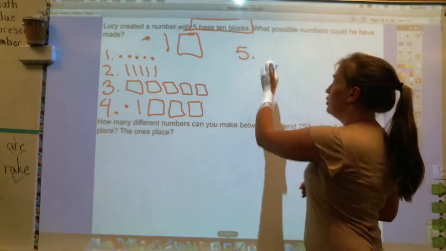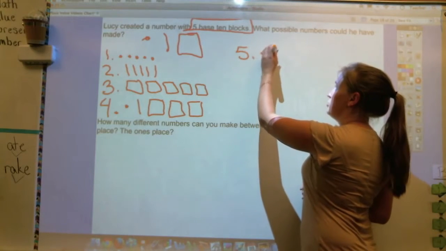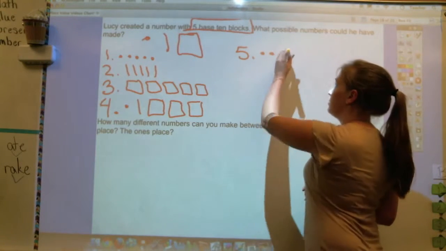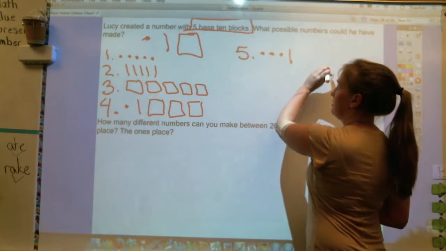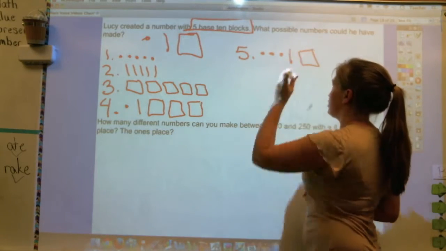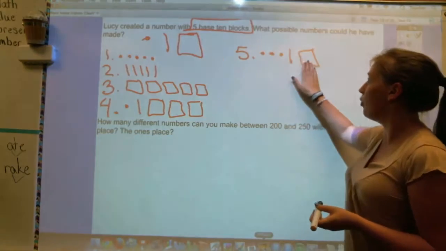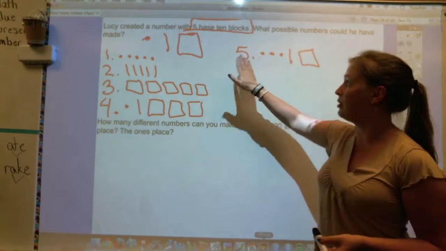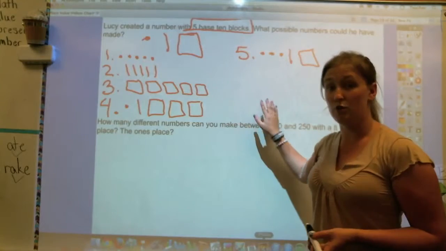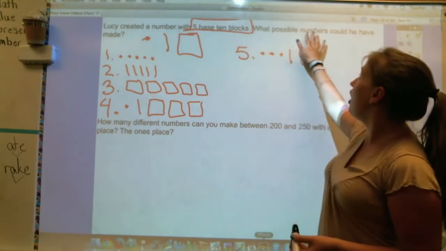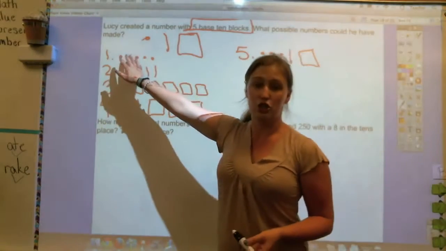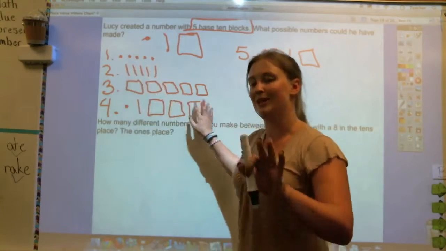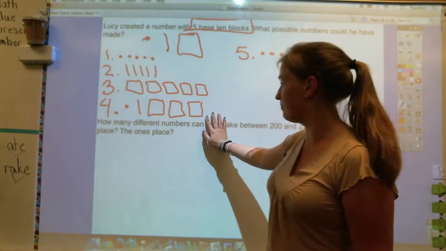She could have 3 ones, 1, 2, 3, 10, and 100. So now I would have 113. So she could have had any of these and more. I need to find all the possible numbers she could have made. But I'm going to let you do that on your problem.